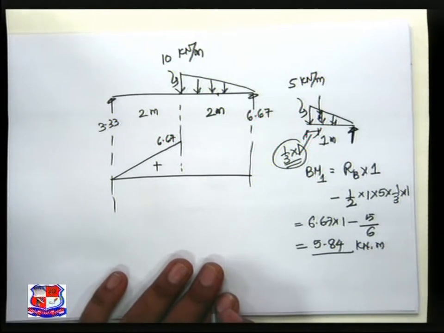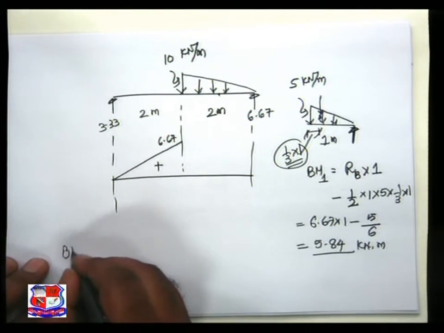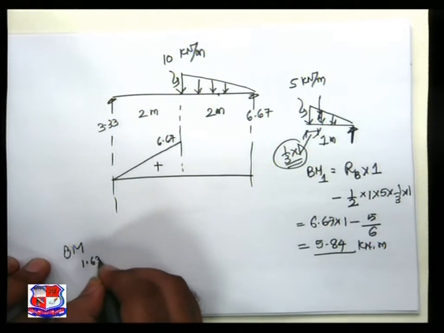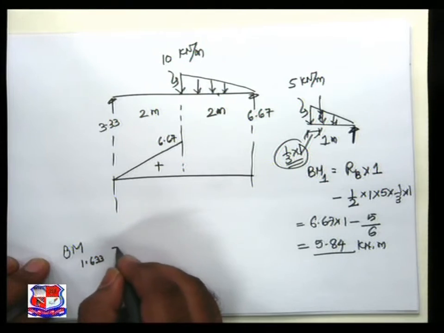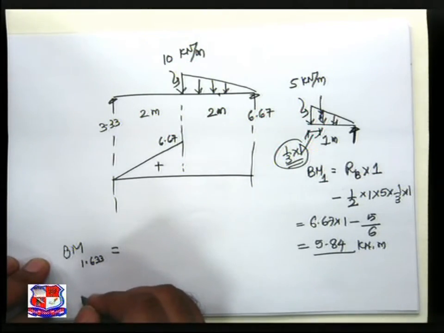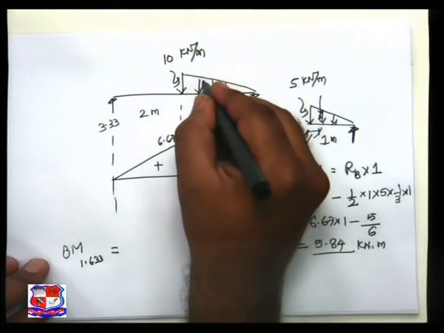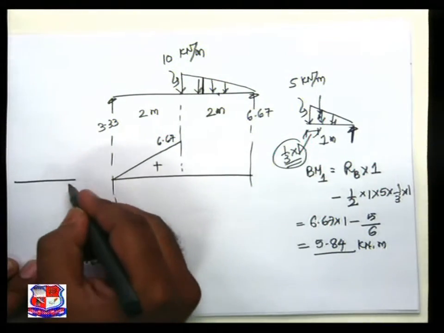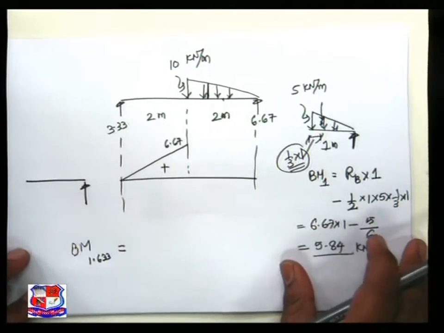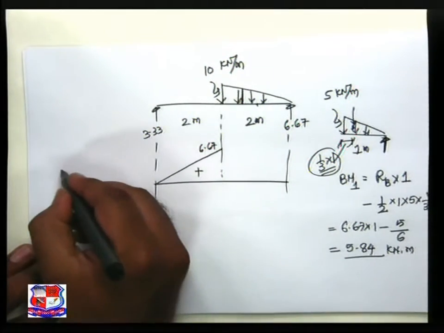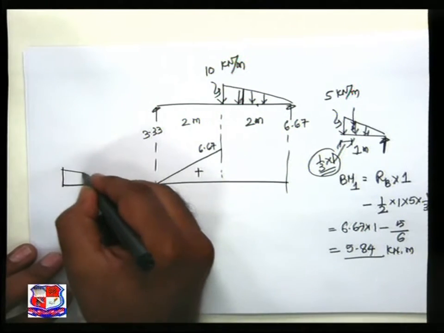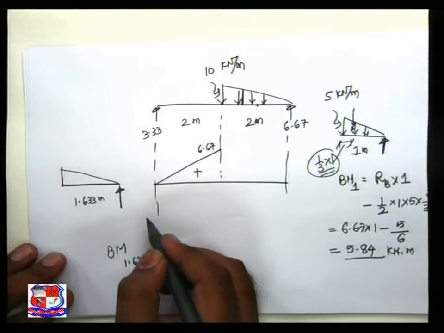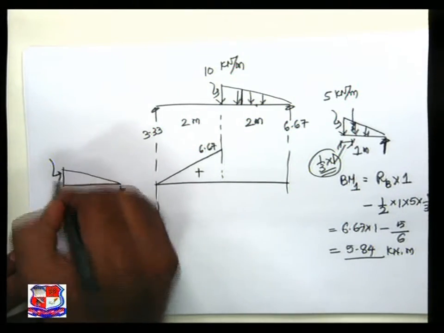Now, the value of maximum bending moment is taken care of at 1.633. So I have to find the ordinate right now over here. If I take a section at 1.633 meter, this is the distance, and I have to find this ordinate.